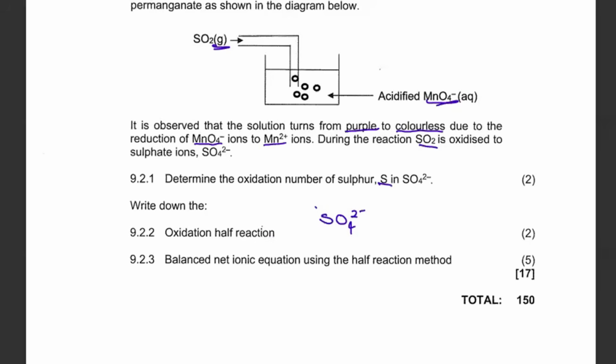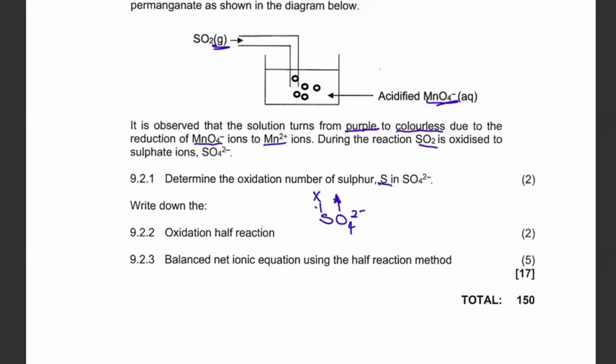This whole compound is charged, so the overall charge for this compound is going to be -2. But for sulfur, the one that we don't know, we're going to put a charge of X. This one is X.